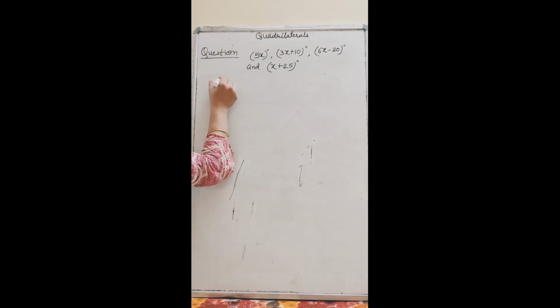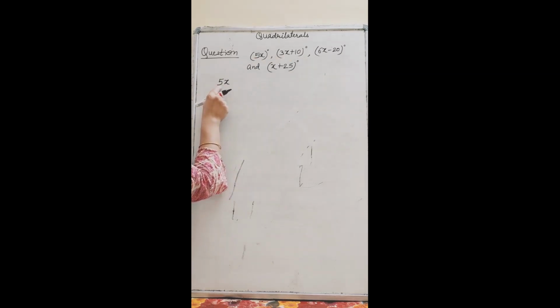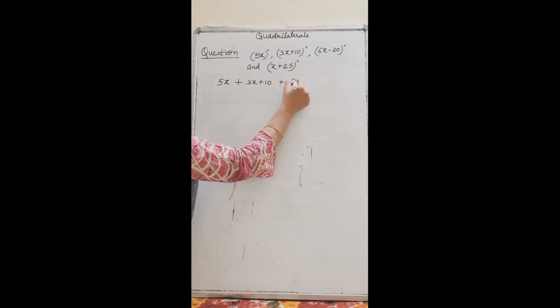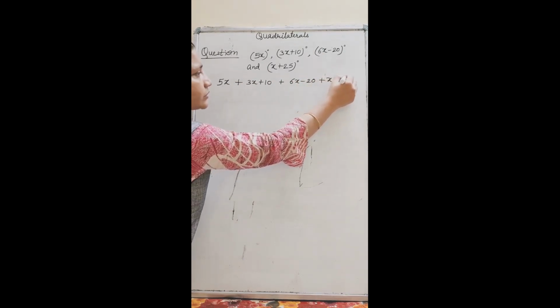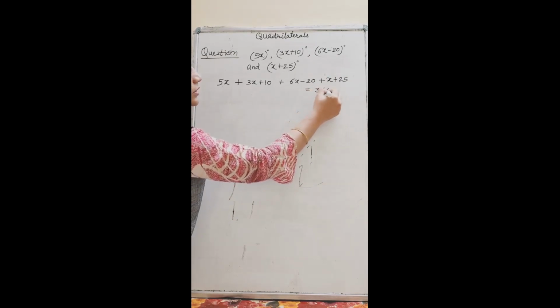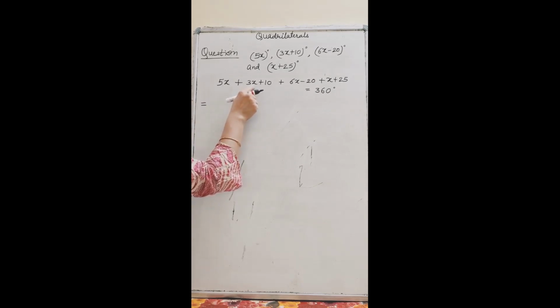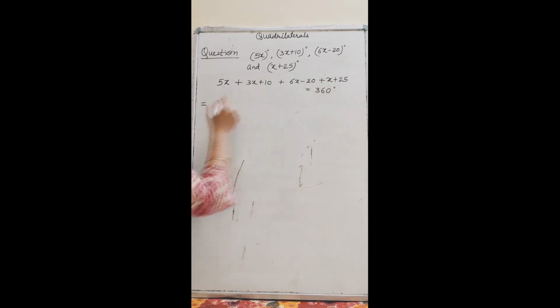So we will write all the angles in addition form. The first angle is 5x, the second is 3x plus 10, the third is 6x minus 20, the fourth is x plus 25, and their sum is equal to 360 degree. Now 5x plus 3x is 8x, 8x plus 6x is 14x, plus x is 15x.